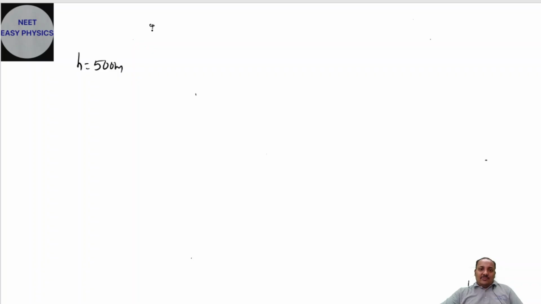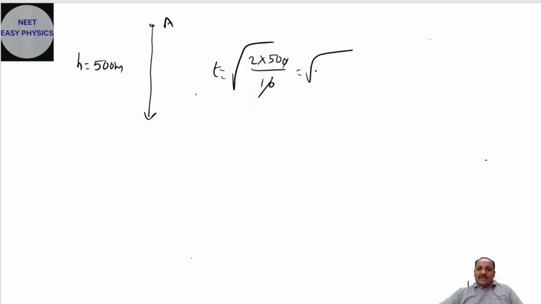So how much time will it take to reach the ground? Root 2h by g. 2 into 500 by 10. I'm not writing the formula because we already wrote it. 50 into 2. Root 100 means 10 seconds. How much time is it taking to reach ground? 10 seconds.